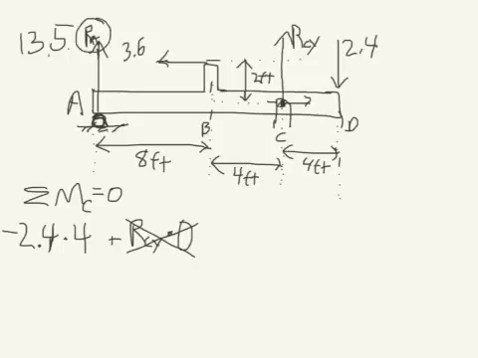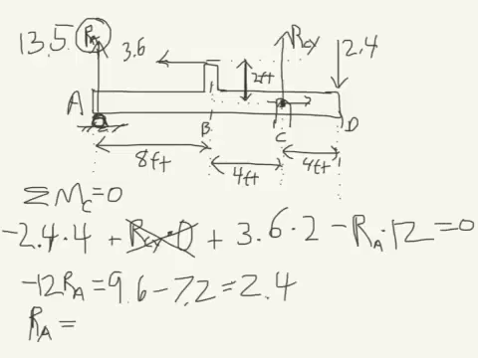The next one we get to is a counterclockwise moment, so I'm going to put plus, from this horizontal 3.6 force, and that is 2 feet above point C. Then we get all the way over to the left, we get a clockwise moment of force RA times the distance of 12 feet total from point C. And all that is equal to 0.